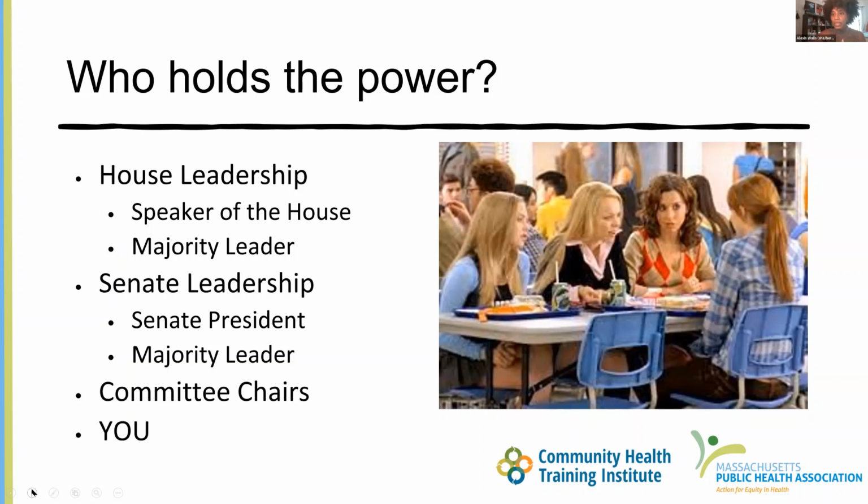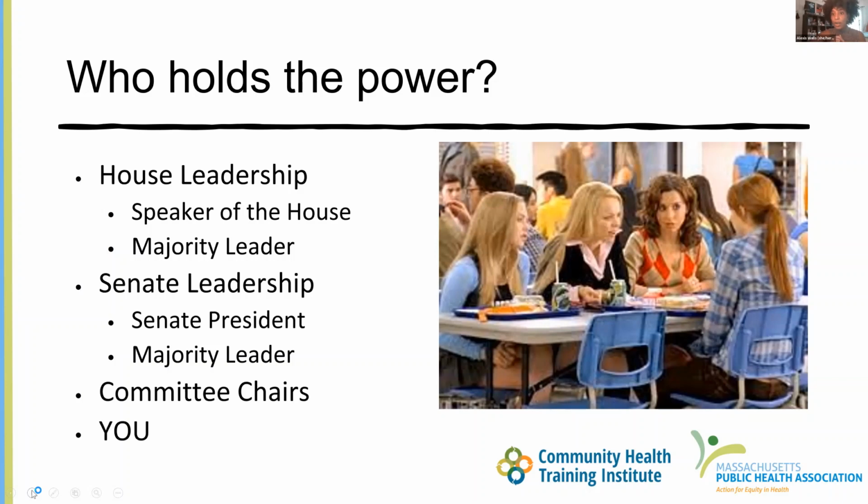So we mentioned earlier that our legislators in Massachusetts are full-time, and that's absolutely true, but legislators and their staff can't be experts in everything, right? And they can't be connected to every single community. And so they rely upon constituents, active constituents, to provide information around issues and how it's impacting constituents, and to provide information on how certain policies are going to either benefit or harm communities.